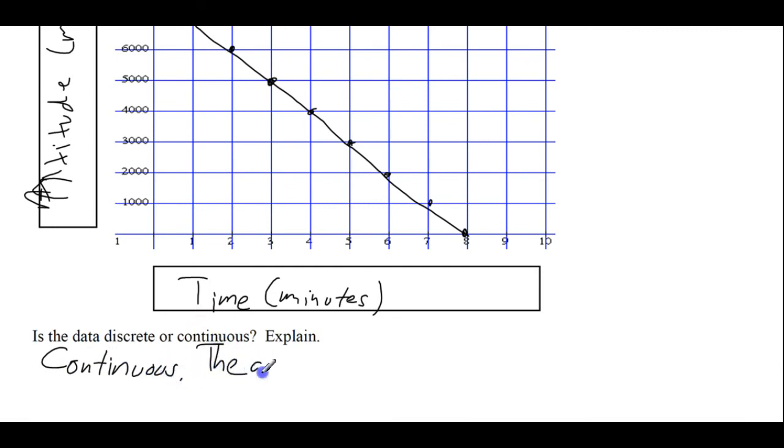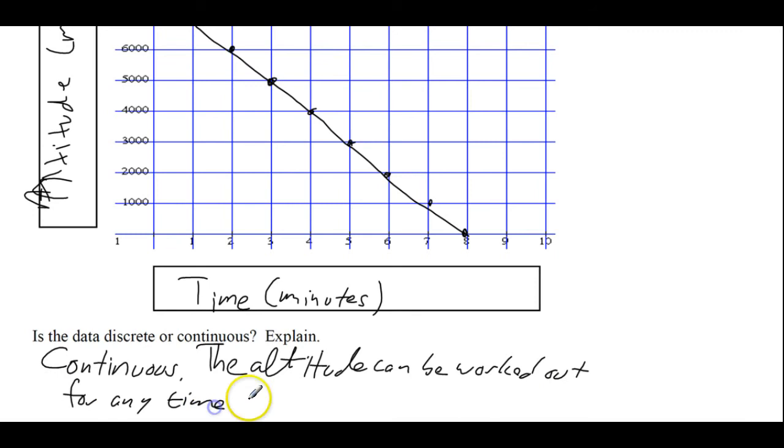The altitude can be worked out for any time t less than or equal to 8. Right? So for any value of time less than or equal to 8, we can get an altitude.